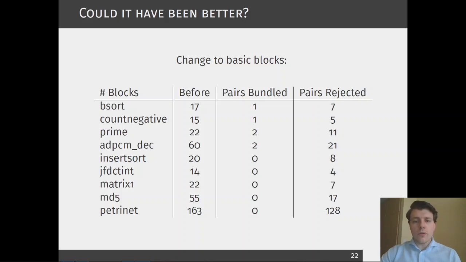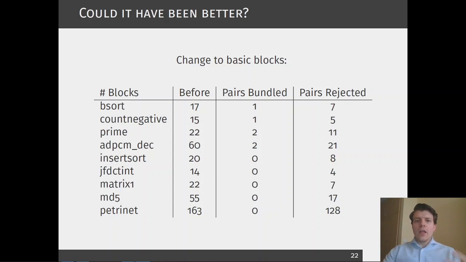For the first 4, we can see that it didn't really work that well. For example, for B-sort, out of the 17 blocks that were there before bundling, only 1 pair was found and merged. But as you can see on the right, 7 pairs were rejected, so it found that it couldn't merge them. So this algorithm is not very good at finding blocks to merge.